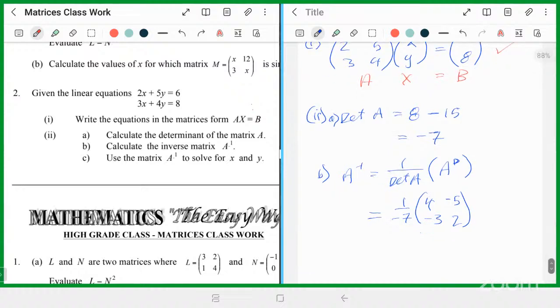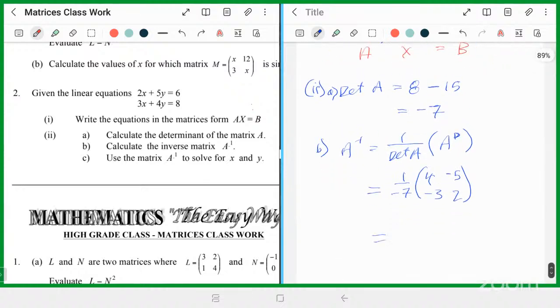But I can also divide each of these values by the -7 to write that as one matrix. But if I'm going to do a calculation with an inverse matrix, I'm going to use this one and leave the fraction out here for last. So it becomes 4 over -7 first, by dividing each of these values by this -7. It becomes -5 over -7.